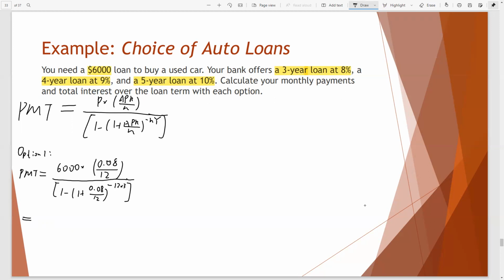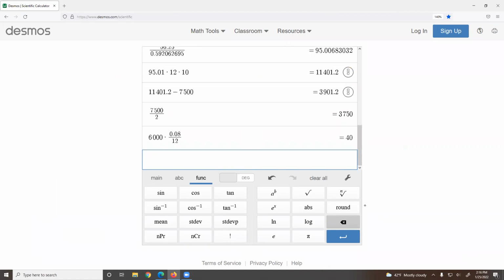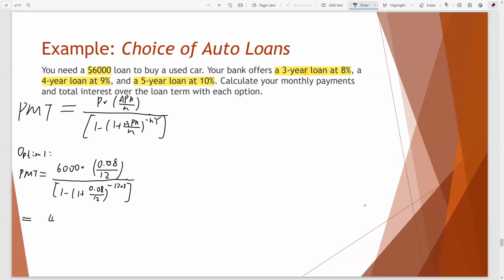Since we don't have that much space, I have to reduce the steps. 8% gives 40 on the numerator.